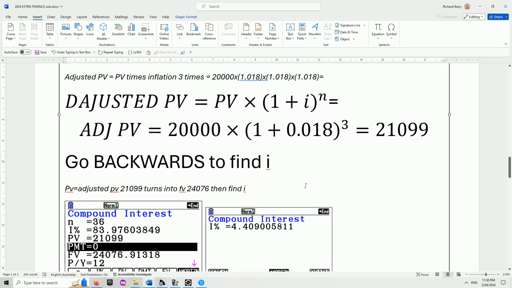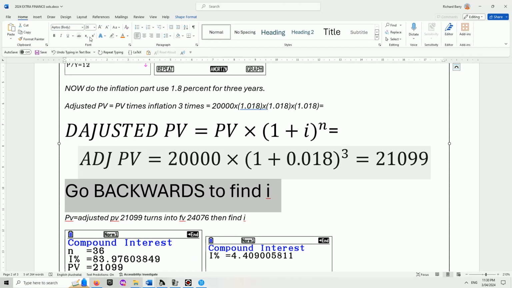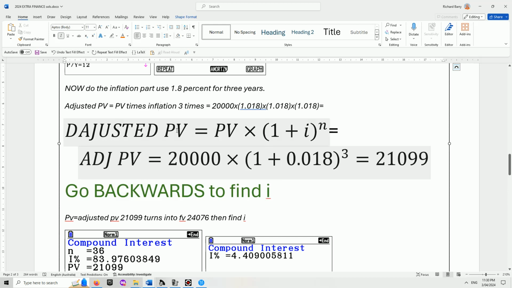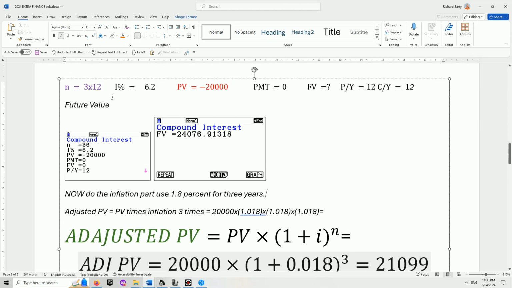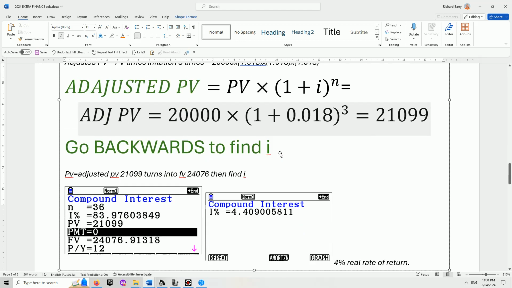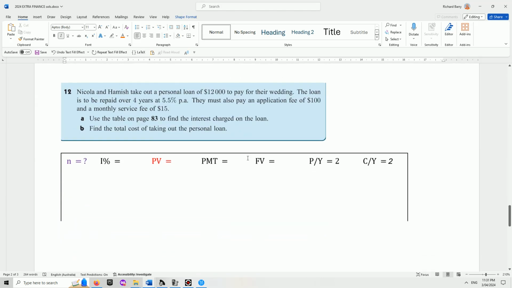Okay, so there are the 3 steps. The first step was to find the future value, and the second step was to find the adjusted inflation. It's the more difficult inflation question.